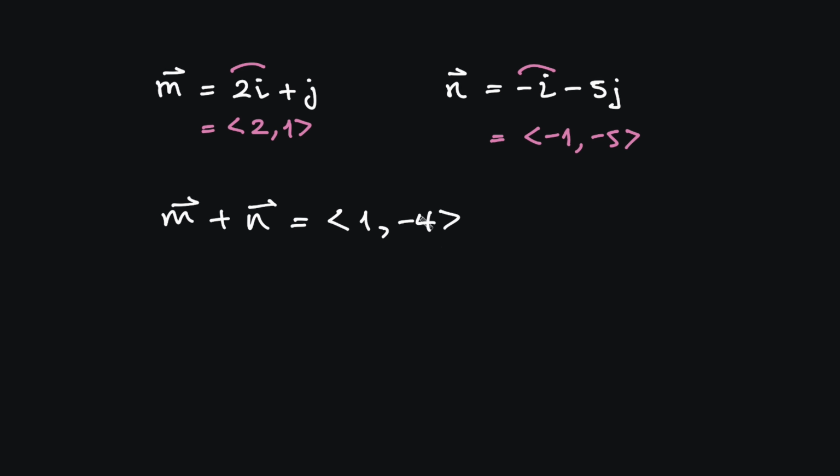That will be your new vector. Can we rewrite this in unit form? Yes, we can. So 1 times i, that is just i, plus -4j. That will be the sum of the vectors in unit form. And that's it. That's how you add or subtract vectors in those two forms.